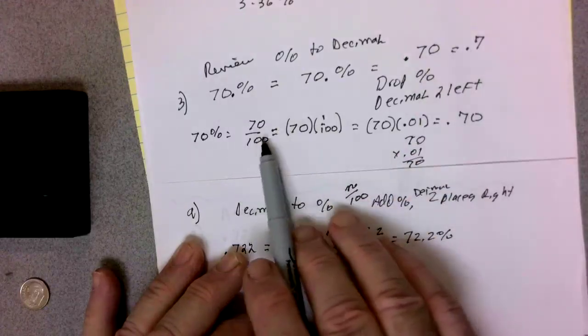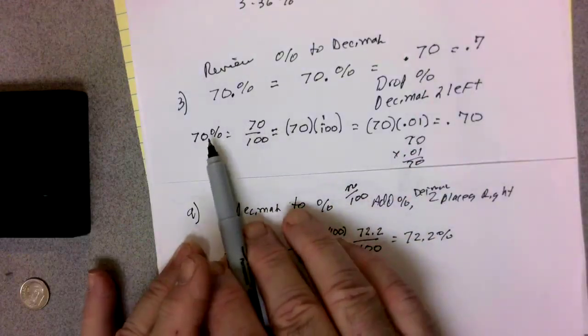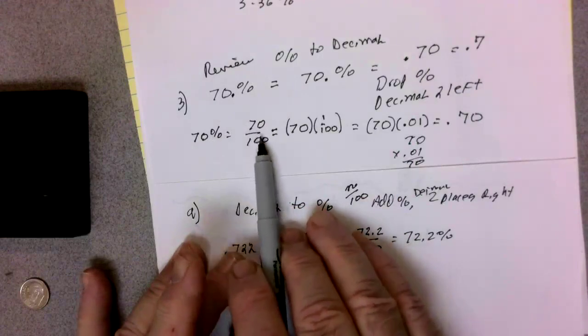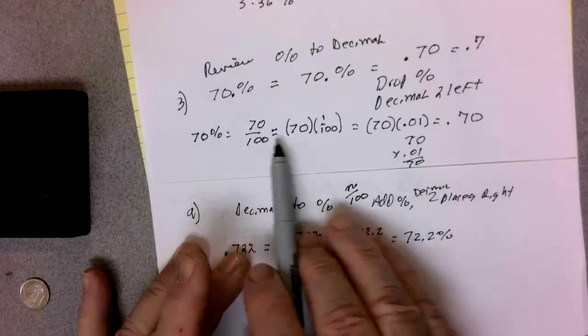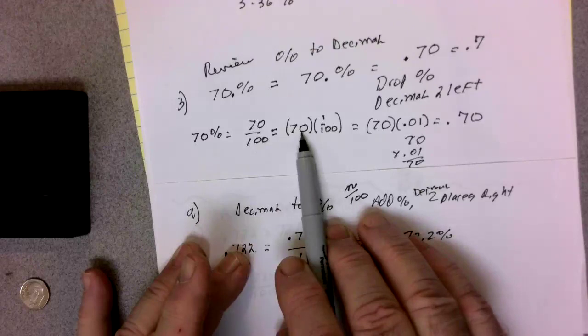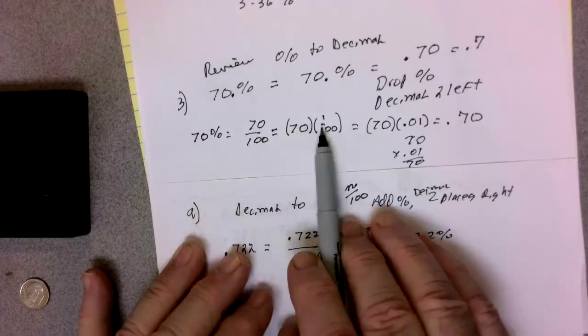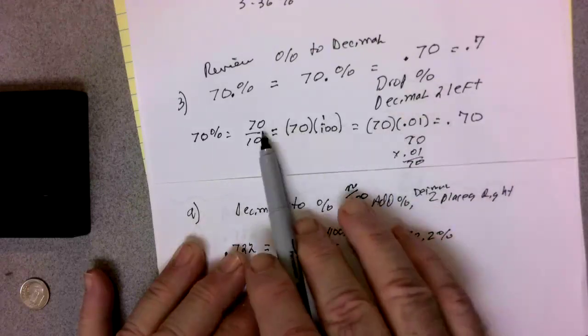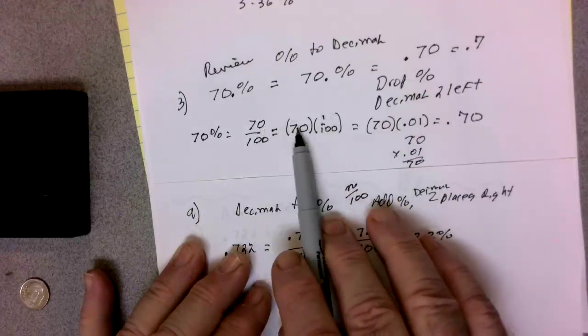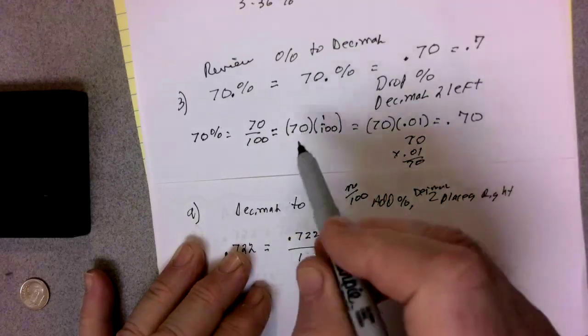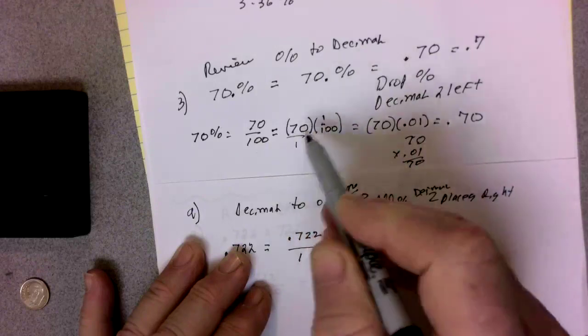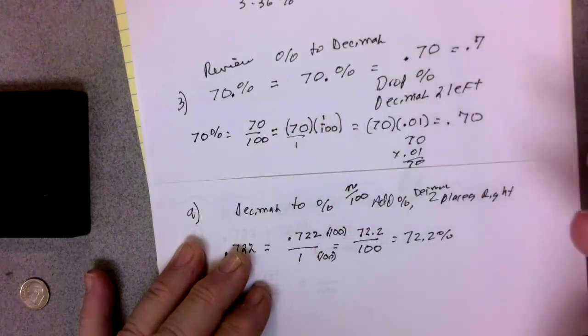Notice the technique explained a little more fully. 70% is equal to 70 per 100, which is notationally 70 times 1 over 100. These are the same because when you multiply 70 times 1 over 100, there's an understood 1 here, and you're going to get 70 over 100.